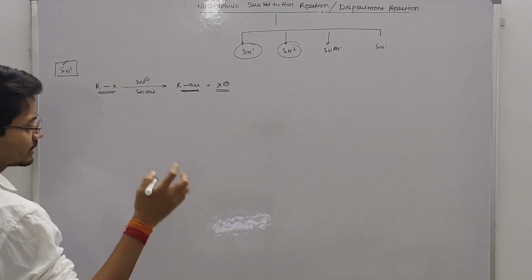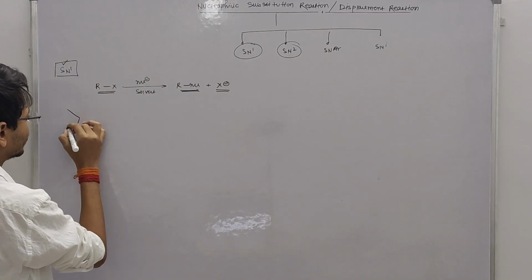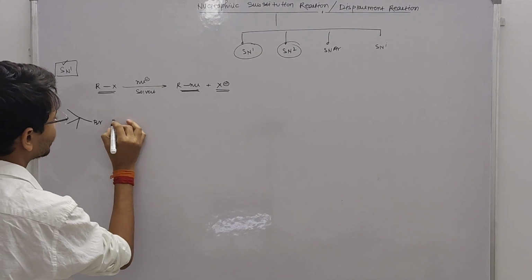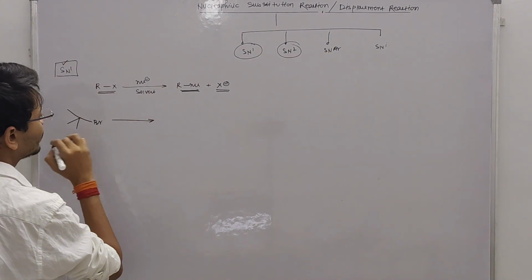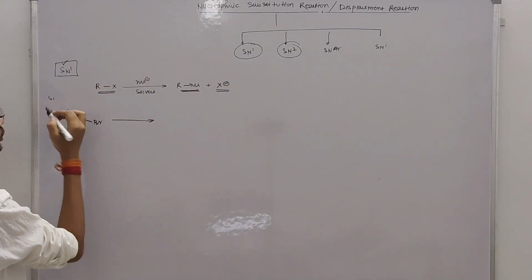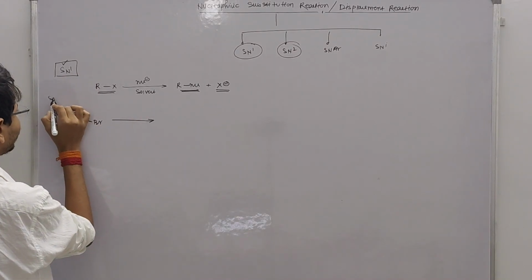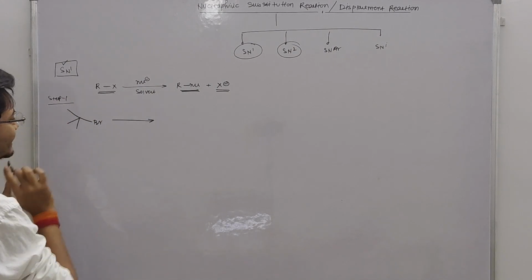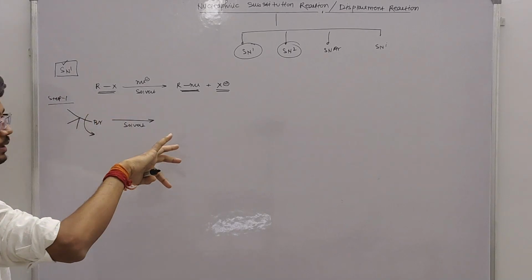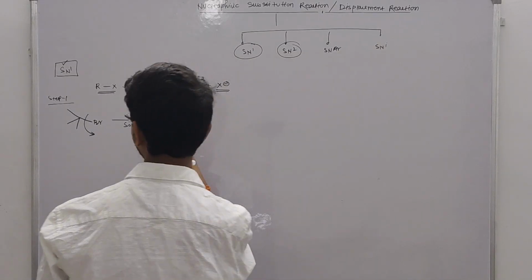Now, for example, this is tertiary butyl bromide. This reaction goes via two steps. In step 1, in presence of solvent, the bromine will leave from the system and you are generating a carbocation.